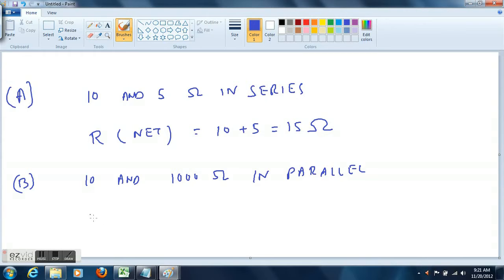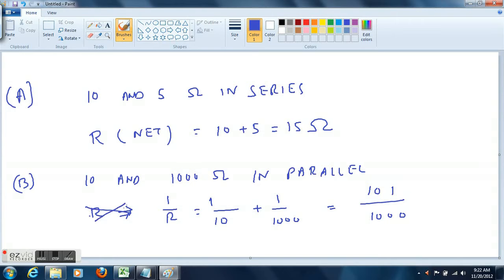Now in the case of parallel resistance, if the net resistance be R, then 1 by R equal to 1 by 10 plus 1 by 1000, that is, the reciprocal of net resistance equals the sum of reciprocals of individual resistances. So in the numerator we get 101, in the denominator we get 1000.